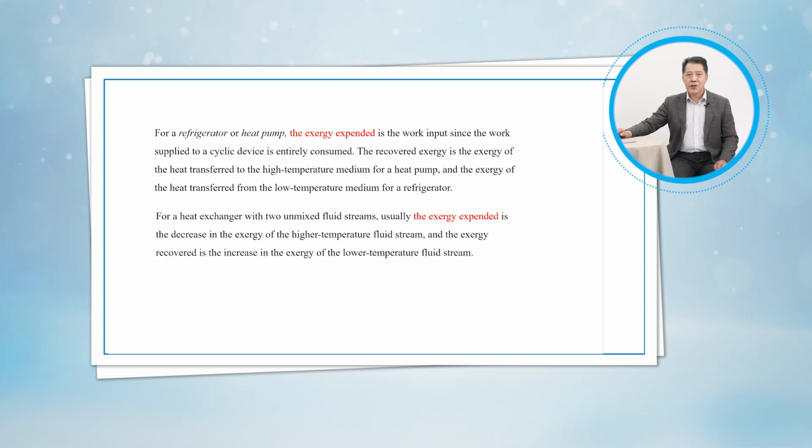For a heat exchanger with two unmixed fluid streams, usually the exergy expended is the decrease in the exergy of the high-temperature fluid stream, and the exergy recovered is the increase in the exergy of the lower temperature fluid stream.